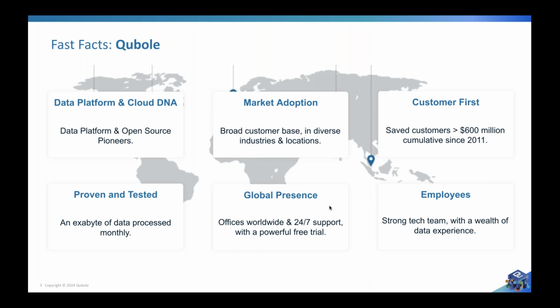True and tested, we are processing more than an exabyte of data every month, and as I said, this is growing. That's a testament to how Qbol is helping customers in processing their data.